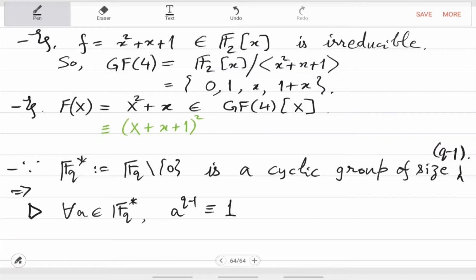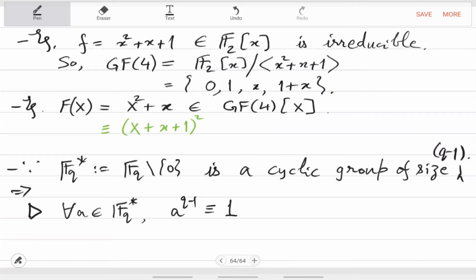Just because it's an abelian group of size q minus 1, any element if you multiply that many times will give you in the end 1, because the multiplicative order of any element is finite, and second you can show it will divide q minus 1. So if you raise a to q minus 1, you will always get 1. That is just by the structure of abelian groups.